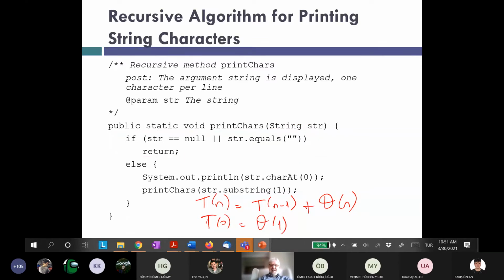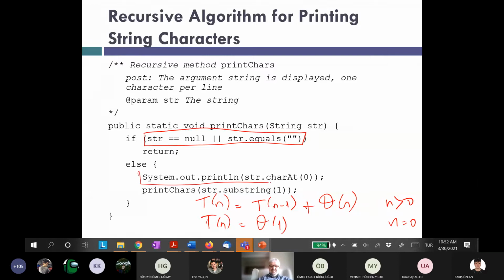And for the general case, n greater than 0, this is when n is equal to 0. You can write it like this as well. Okay, the same thing. If n is greater than 0, we perform this check anyway, right?